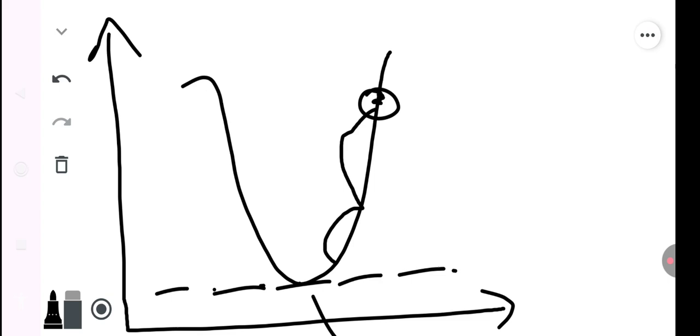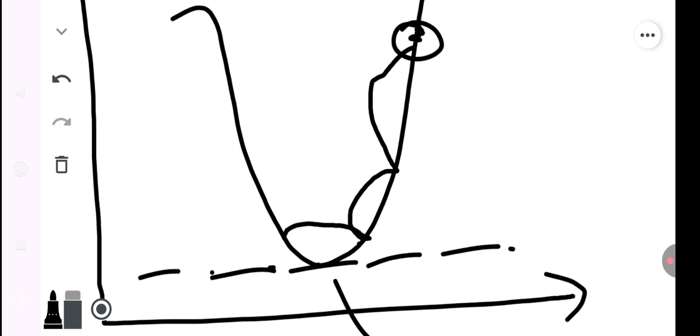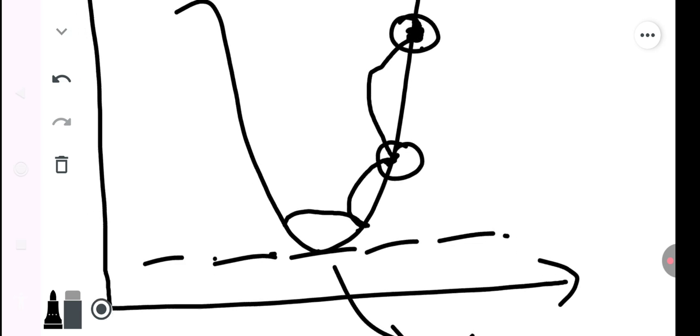Then the problem with the large step is that if I take too large a step, the opposite thing will happen. As you can see, from this point I reached this point, and from this I reached here.